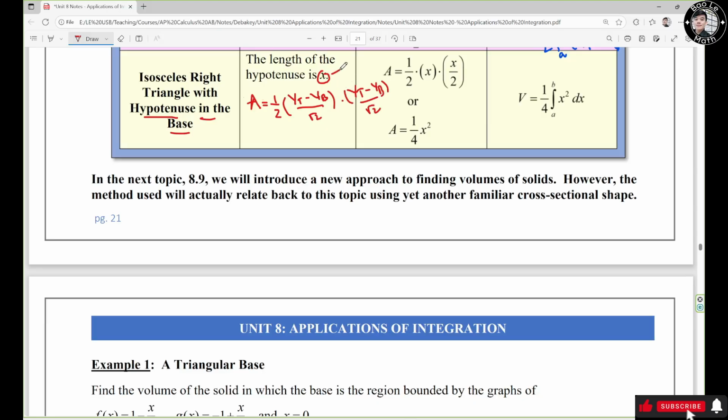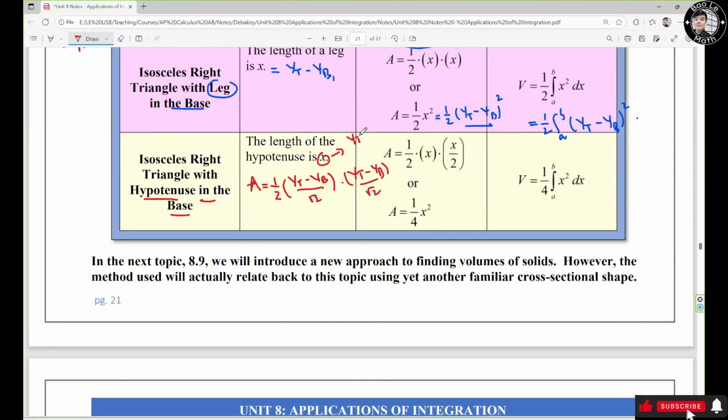Remember, s right here is y top subtract y bottom. So then you have 1/4 times (y top subtract y bottom) squared, right? Now the volume is going to be this guy right here. Substitute over here: the integral from a to b of s squared ds times 1/4, right?